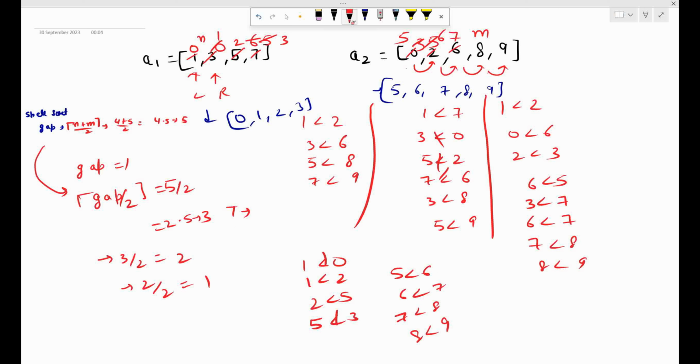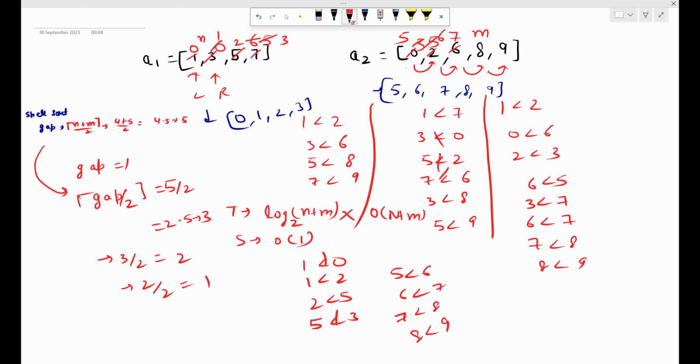Whenever there is a division by 2, there is a log base 2 of (n plus m) factor. Okay, n plus m is my total length. And every time I'm iterating in the inner loop. So it will be O of (n plus m). Okay, that will be my time complexity. And space, we are not using anything, so it will be O of 1.